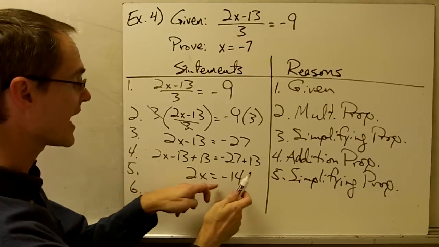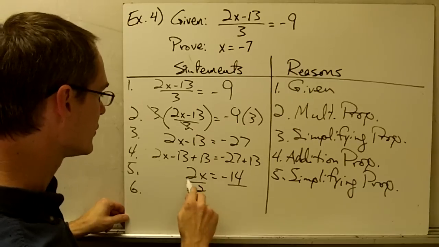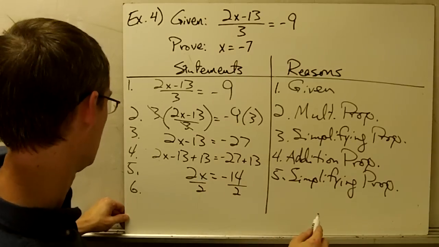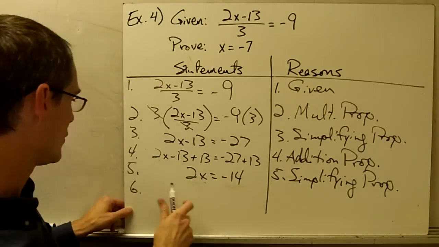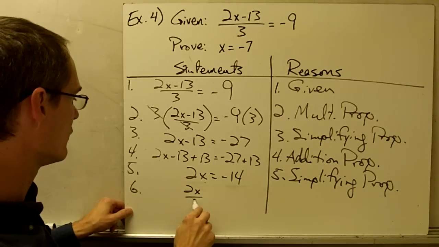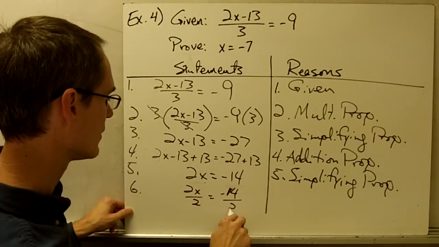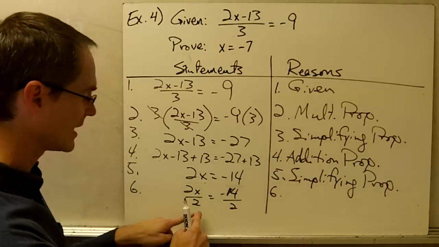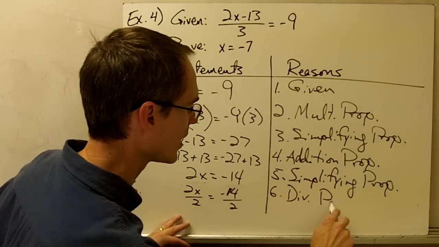I want to divide both sides by 2 in order to get rid of the 2 over here on this side. So actually, let me go ahead and write that out: 2x over 2 equals negative 14 over 2. And anytime I divide both sides of my equation by the same thing, I'm using the division property.